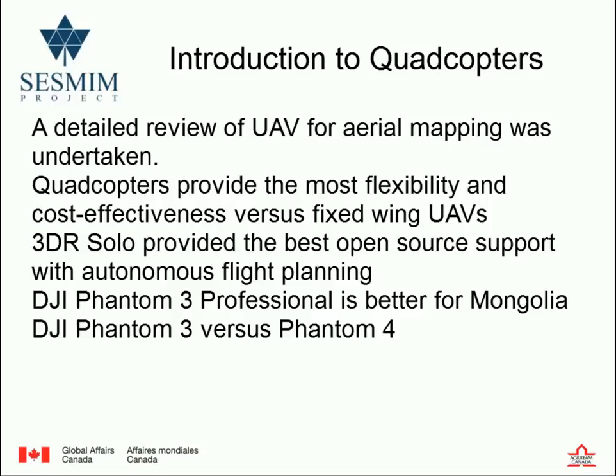Everything else was the same, but the disadvantage was that the Phantom 4 encased the gimbal inside the body of the unit, so if you crash the unit, you have to send it back to the factory to be fixed. With the Phantom 3, we could fix the parts separately without sending it back.